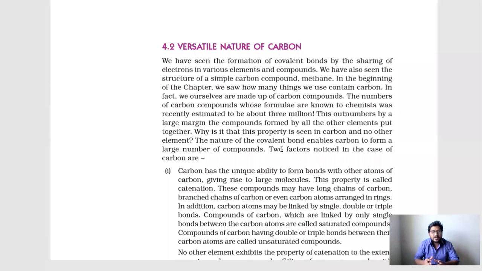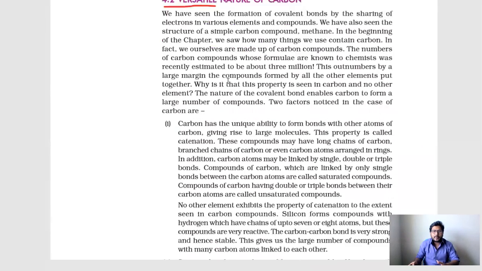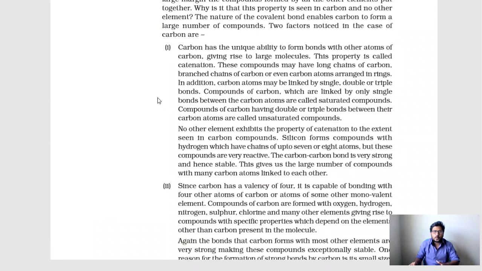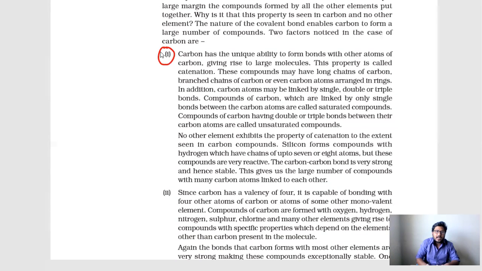You are not getting any chapters like oxygen and its compounds, hydrogen and its compounds. Why are we getting only this chapter? Let us understand that versatility of carbon. We'll see these 2 points. These 2 points are important. I'll explain in the third or fourth lecture.